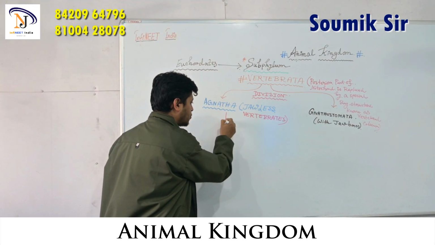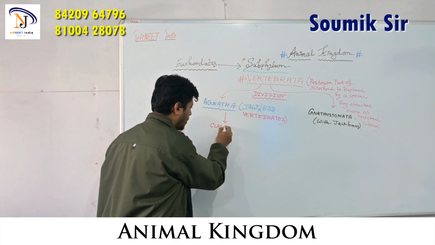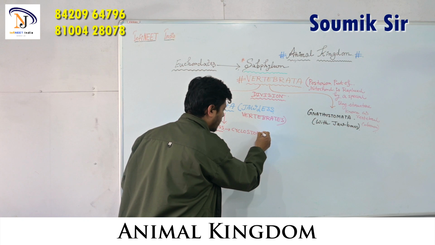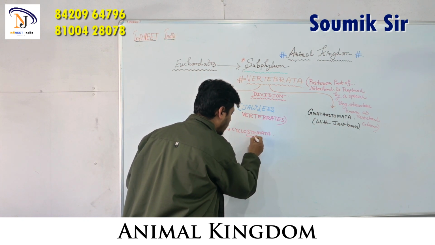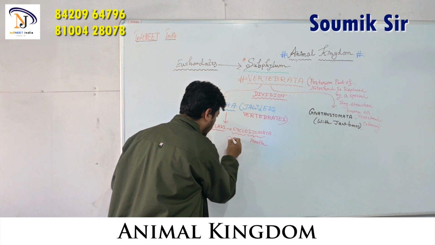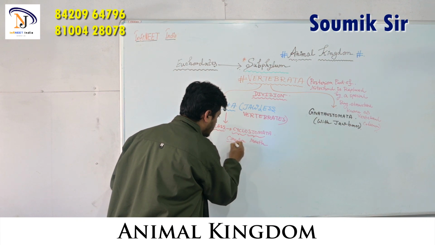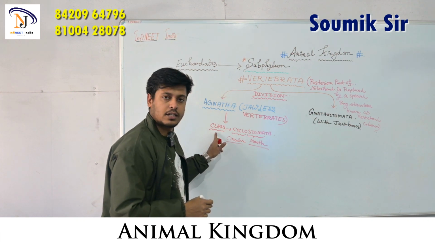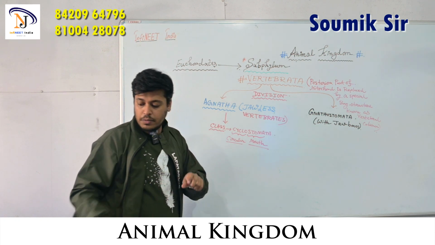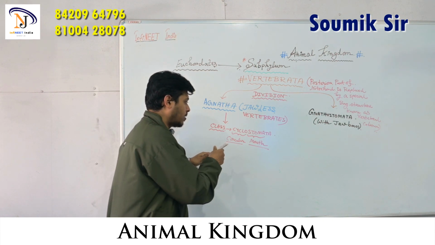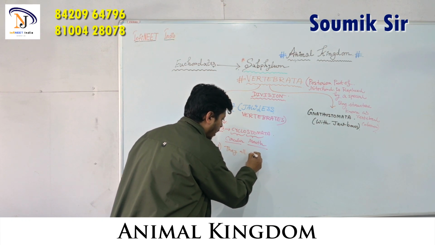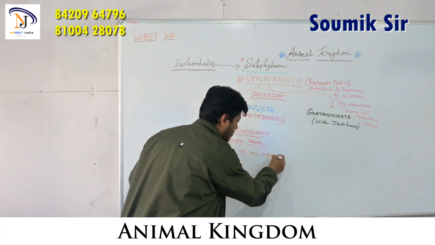Under agnatha or jawless vertebrates, one of the most important classes is cyclostomata. What do you mean by stoma? Stoma means mouth, and cyclo means circular. So the class under agnatha with a circular mouth is cyclostomata. One of the most important characteristic features of cyclostomata is that they are all ectoparasites.